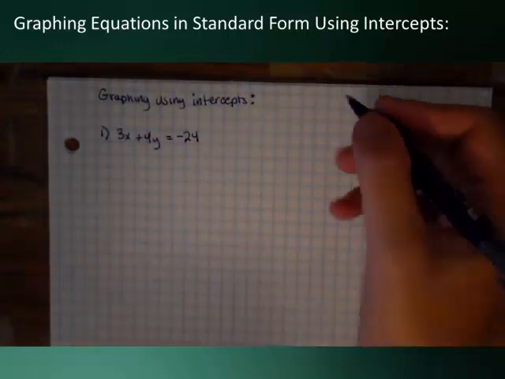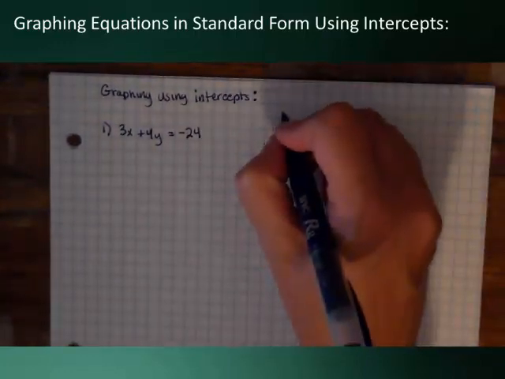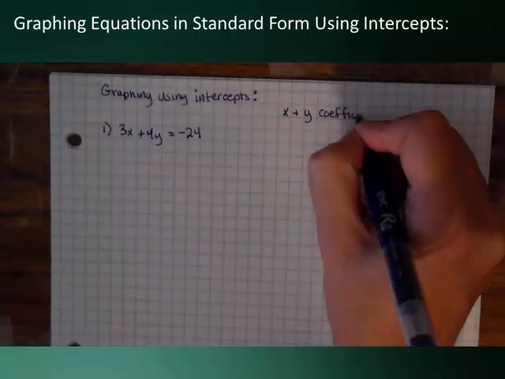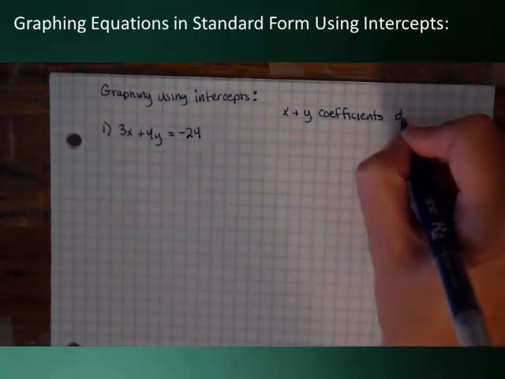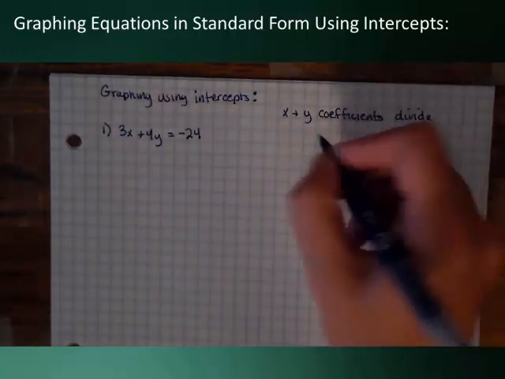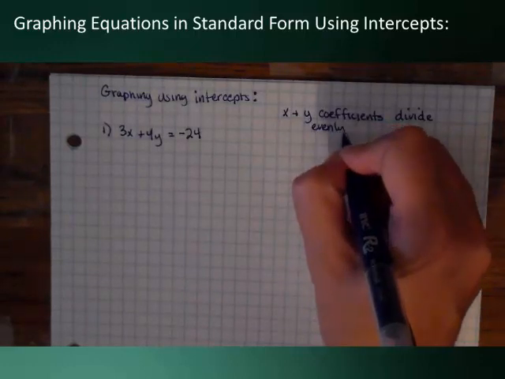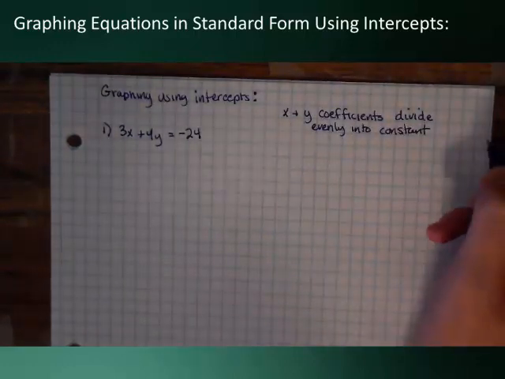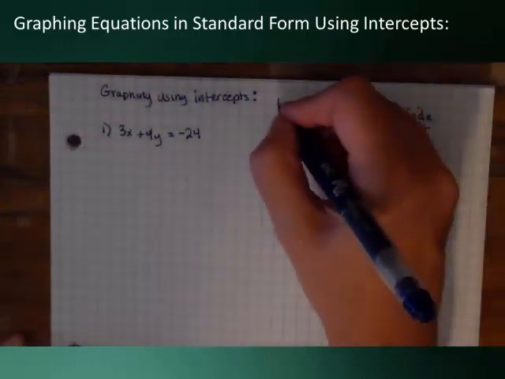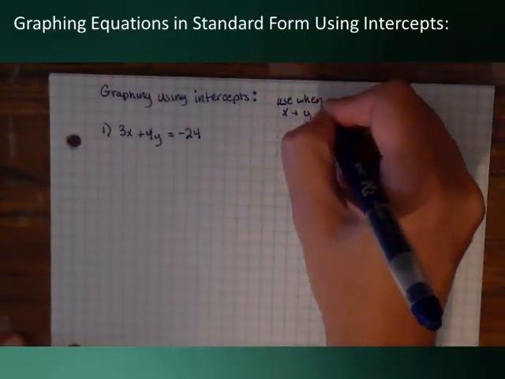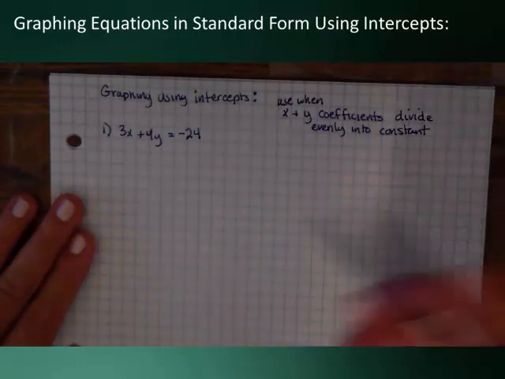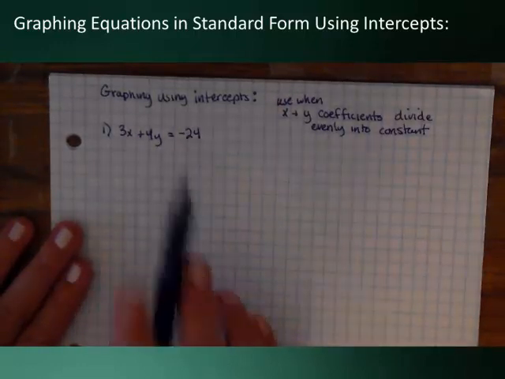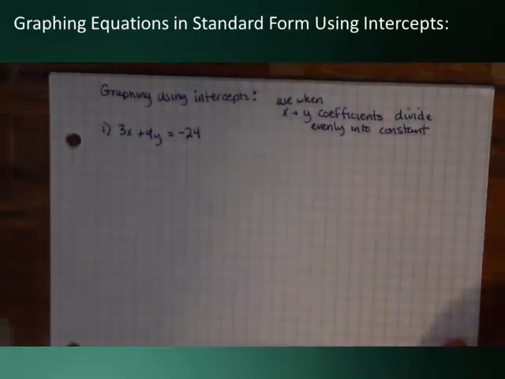Now, this works best when the x and y coefficients divide evenly into the constant that is present. That's when we use this. Looking at our example problem, 3 and 4 both divide evenly into 24, so this would be a good time to use intercepts.